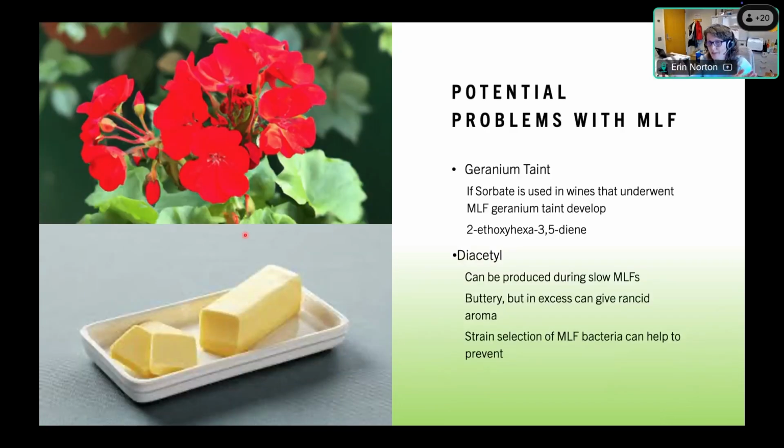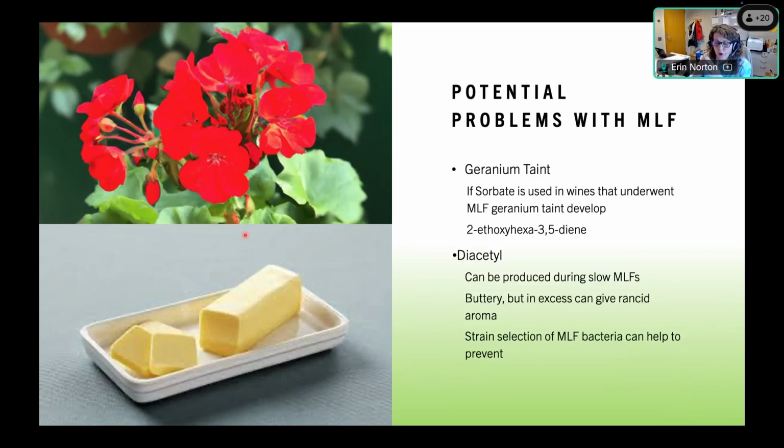Okay, so problems that you may have with MLF. If you use Oenococcus oeni as your bacteria, there's 2 main things that could go wrong. The first is geranium taint.